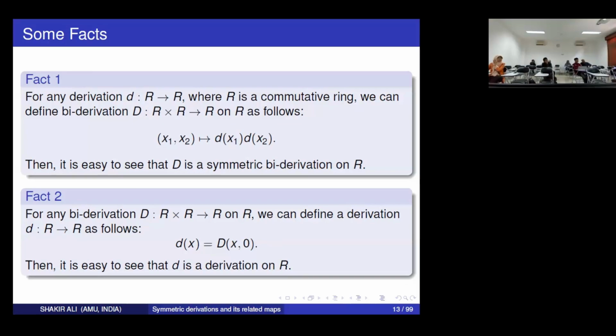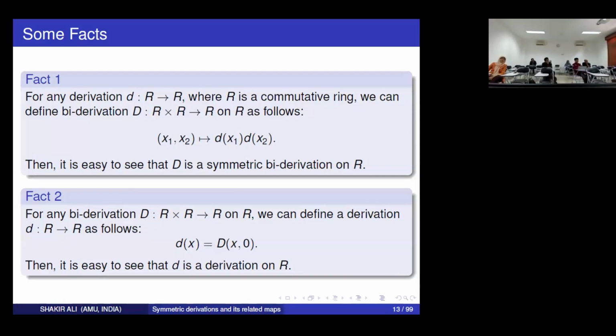Here what we do: we take derivations. Okay, R is commutative, and define this capital T as the product, where capital D means this is a derivation over R, and this is also a derivation over R. So the multiplication of two derivations is a biderivation. Why?